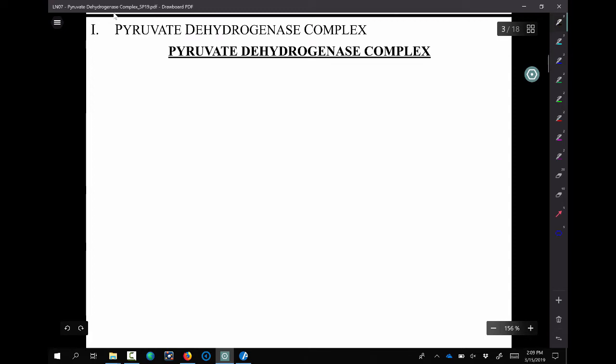As a reminder, we got sucked into all these kinases and glycogen metabolism and all that kind of stuff. So let's just come back here and start with glucose, give you the big picture again. Come to pyruvate.